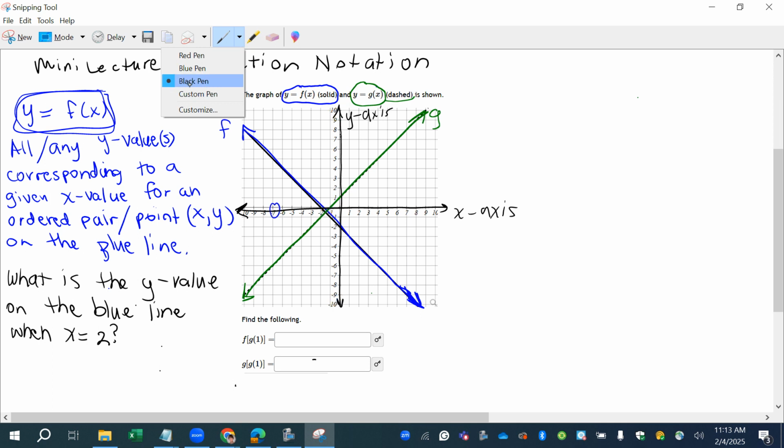Then I know I have to go to the blue line, find out where x equals 2, and find the point on the blue line that corresponds to that x value of 2, and then figure out what y value it corresponds to. So that's -4 here. So the answer here would be y equals -4, right? That's one way I could answer it. I could just say -4 is the answer.